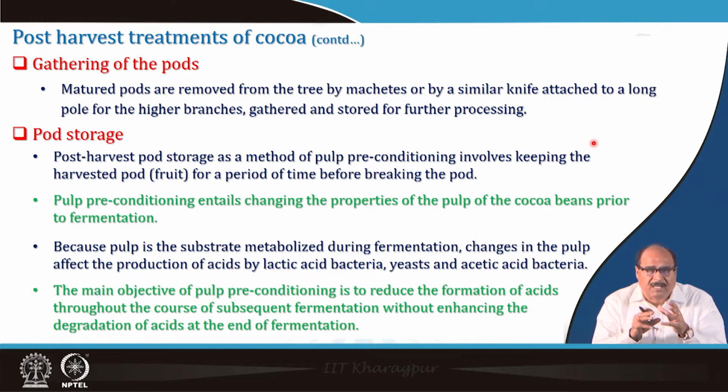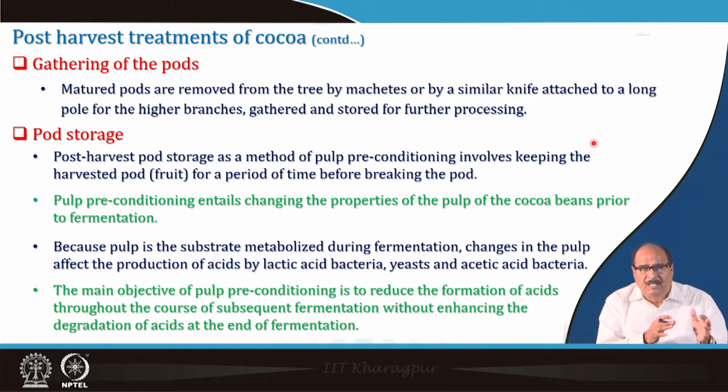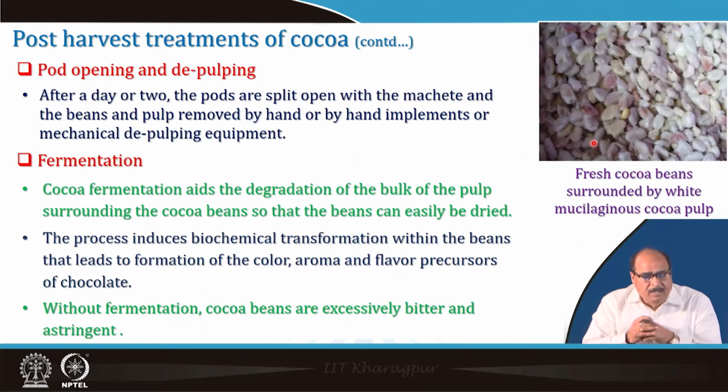Because the pulp is the substrate metabolized during fermentation, changes in the pulp affect the production of acid by lactic acid bacteria, yeast or even acetic acid bacteria. The main objective of pulp preconditioning is to reduce the formation of acid throughout the subsequent fermentation without enhancing the degradation of acid at the end of the fermentation process.